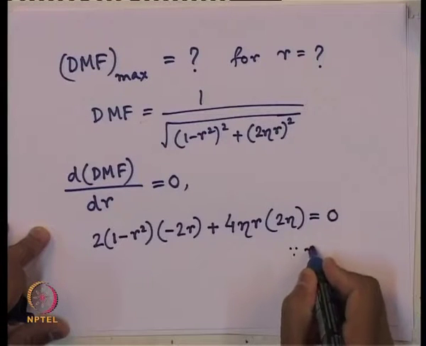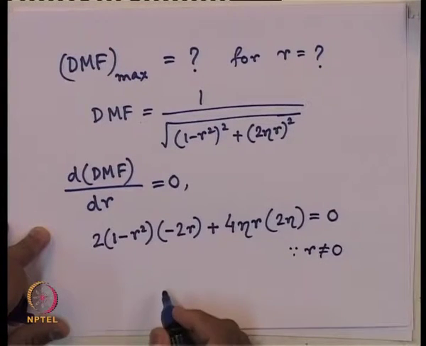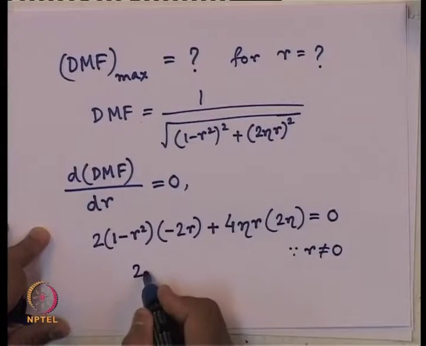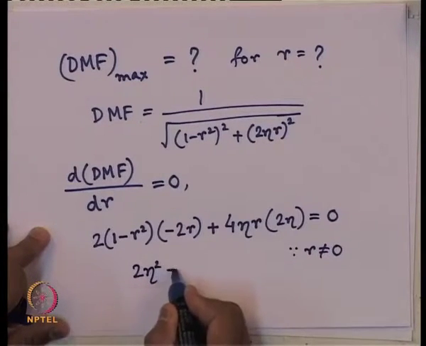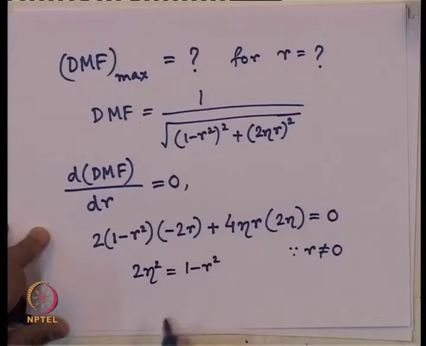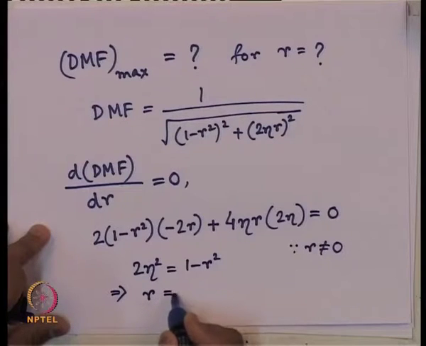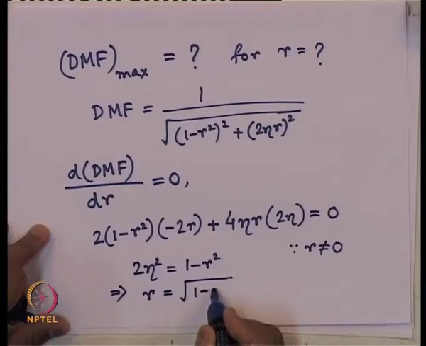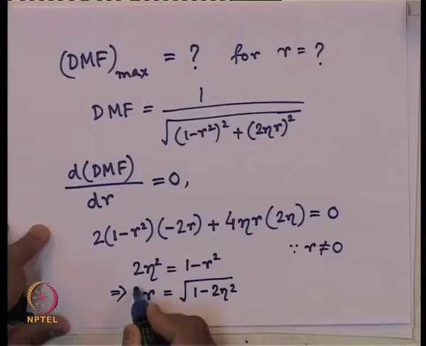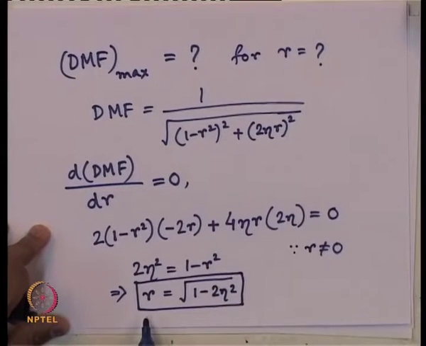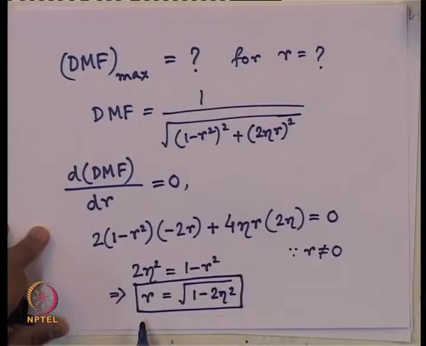Now, r is non-zero. So, from which we can simplify and write: 2 eta square equals 1 minus r square, which will give me the value of r as root over 1 minus 2 eta square. So, that is the value of r at which DMF becomes maximum.